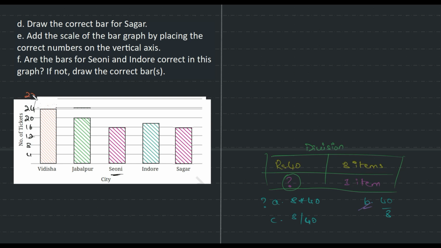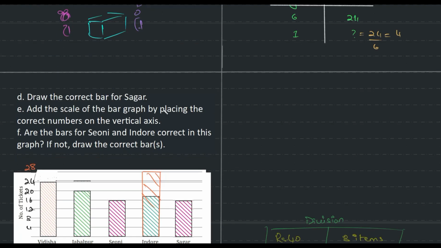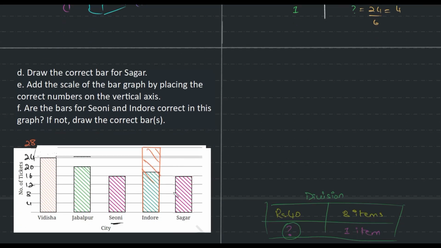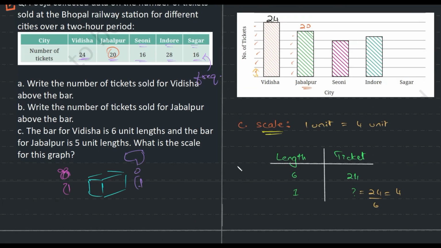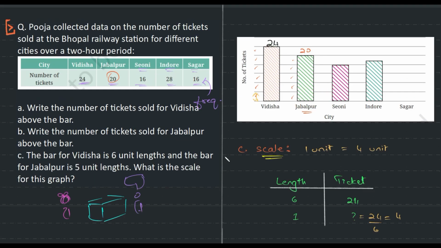Indore is supposed to be this. Again, I'm doing a bit of jugaad, please don't mind. Okay, we have 16 over here. Is this 16? Yes. This is 28. Now it's correct. So basically, this is 24, 20, 16, 28, and then 16 again. So that's that. I think we are done. Good question.